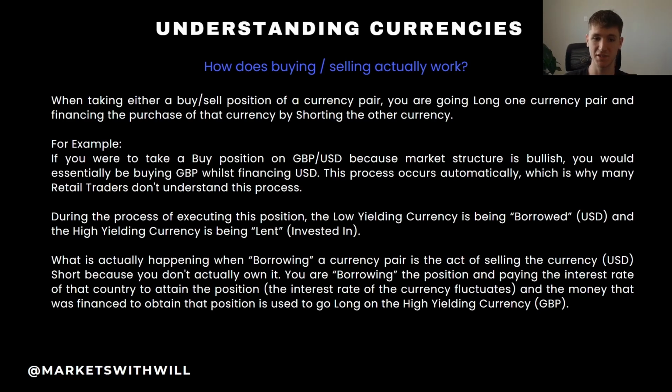I hope that makes sense now. The interest rate of the currency fluctuates, and the money that was financed to obtain that position is used to go long on the high yielding currency, which is GBP in this example. So I hope that last paragraph summed up a lot of the questions you had from previous slides and the start of this slide as well.